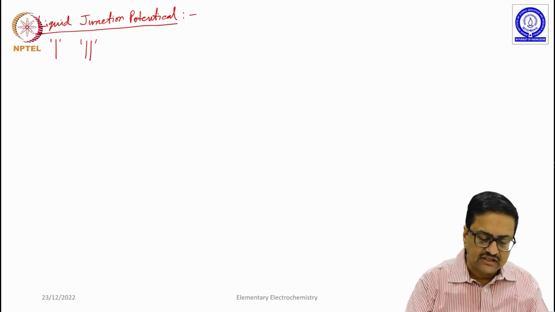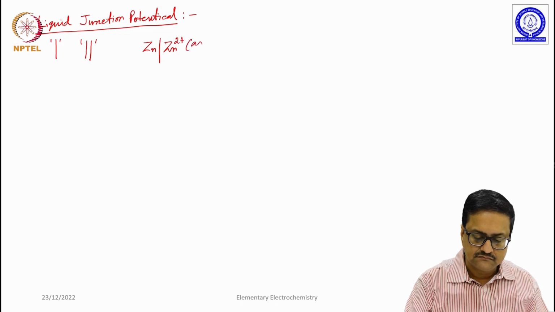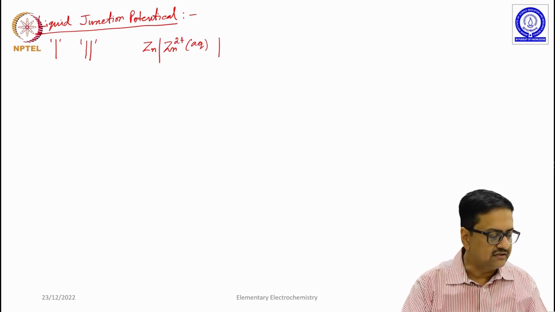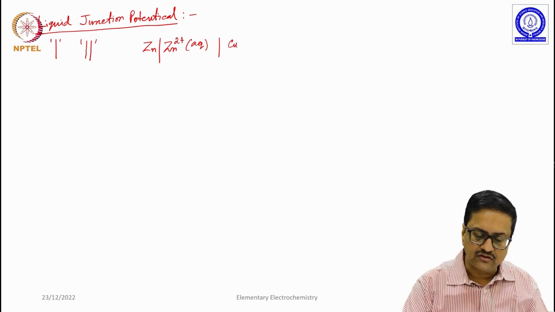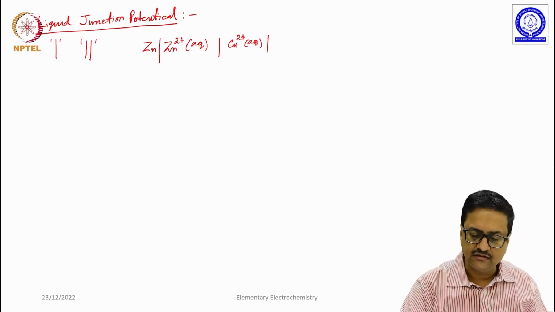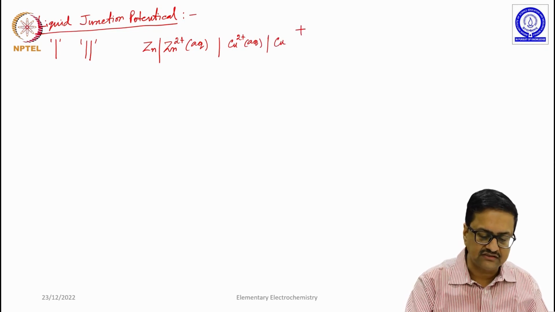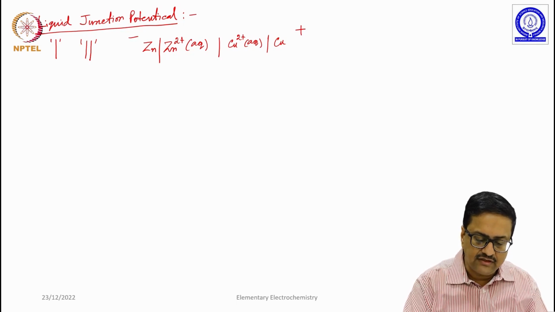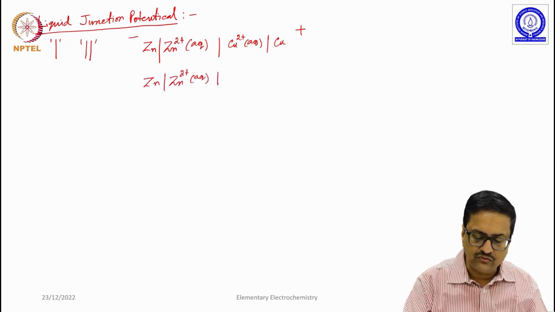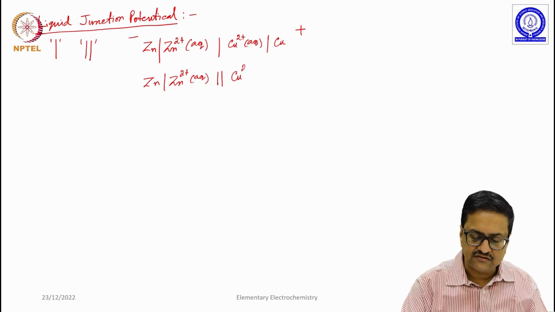So, for example, if I write Zn2+ aqueous, one separation line, Cu2+ aqueous, with one separation line, copper, writing it as plus and minus, and writing the same cell Zn2+ aqueous with two lines, Cu2+ aqueous and Cu.